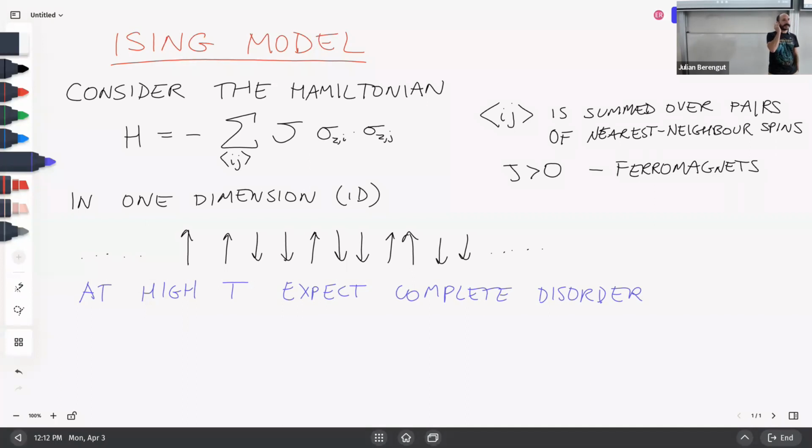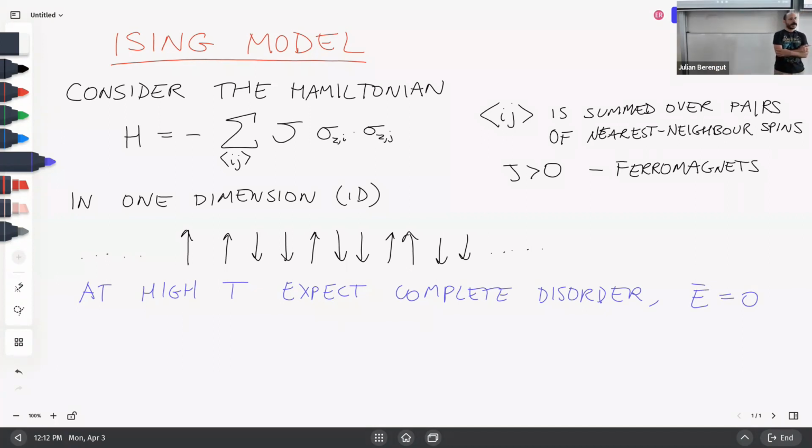What would be the energy of complete disorder if I had a Hamiltonian like this one, where if two spins are aligned, it's minus J, and if they're anti-aligned, it's plus J? If I have complete disorder, what's the energy that corresponds to that from this Hamiltonian? Excellent. E equals 0. Average energy. Okay, great.